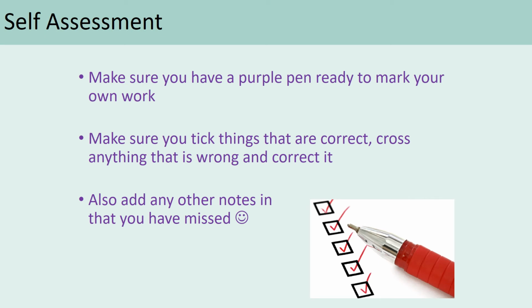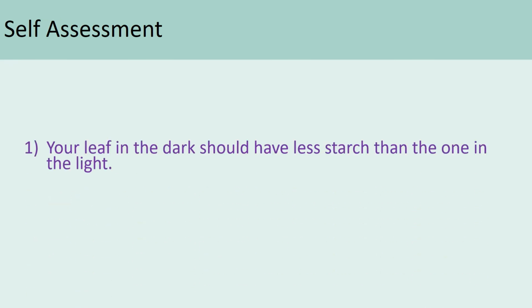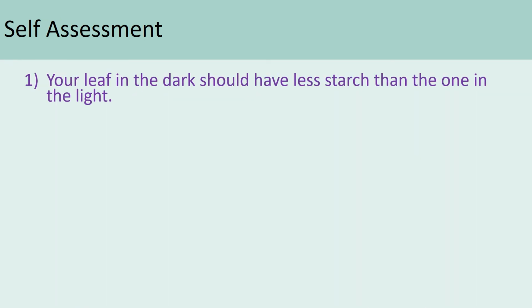Okay, so we're going to have a look at how we did on those questions, just to make sure that we do have an understanding of the testing leaves for starch practical. So question number 1, what is it that we found? The leaf in the dark would have less starch or no starch compared to the one in the light.